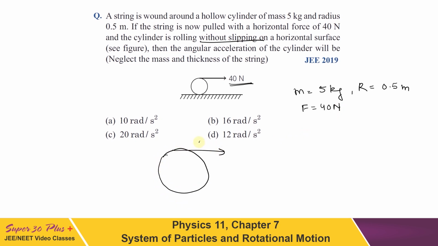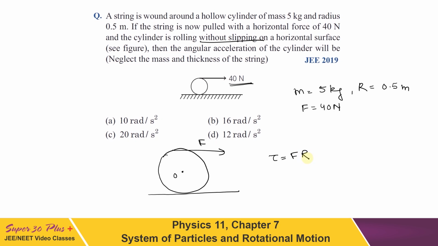This is the external force F. Here is the center of the cylinder. We can write torque about center, that will be F into R, and that should be equal to I alpha.